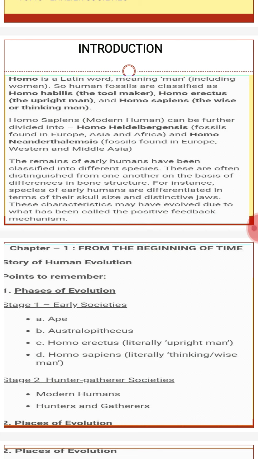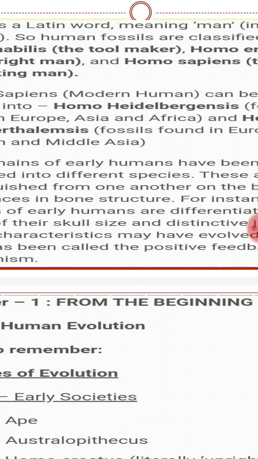The fossils of Neanderthal are mainly found in Europe, Western and Middle Asia. The remains of early man have been further classified into different categories, which are different from one another.